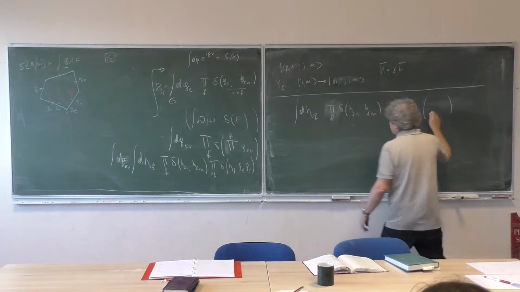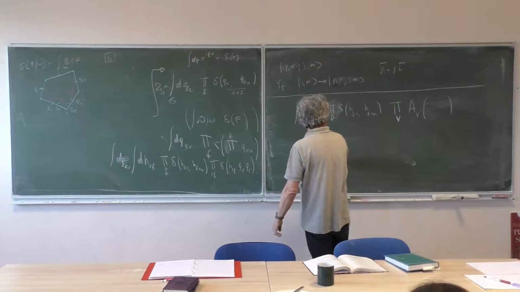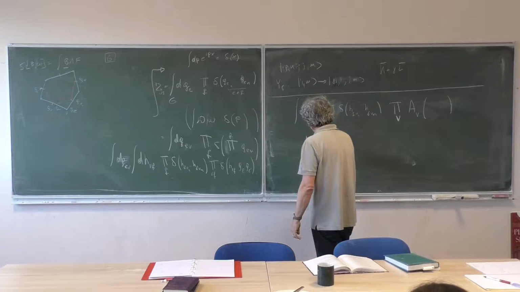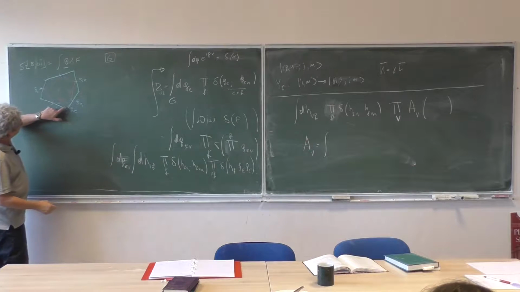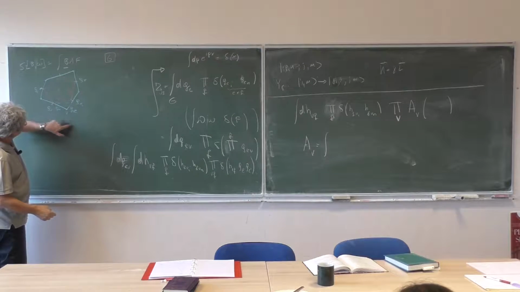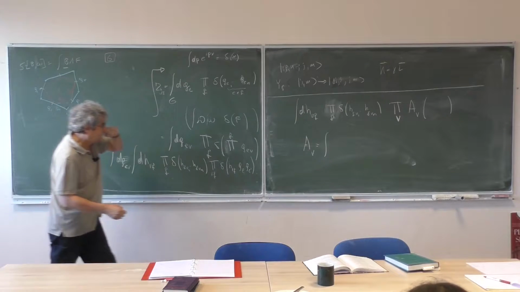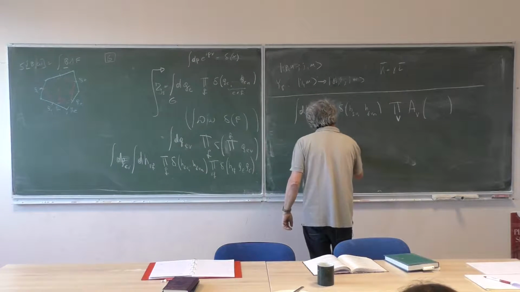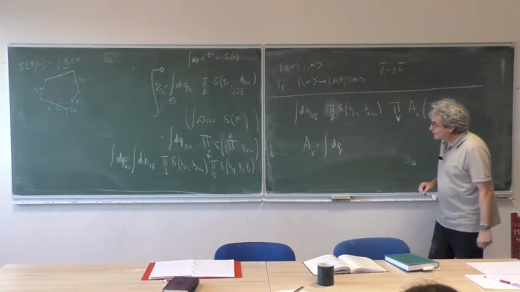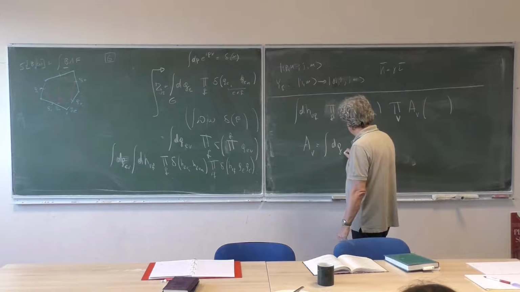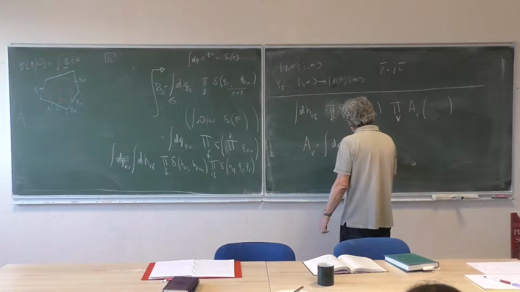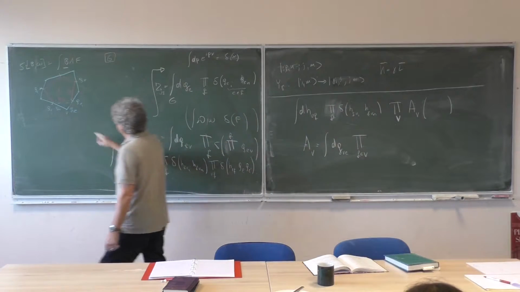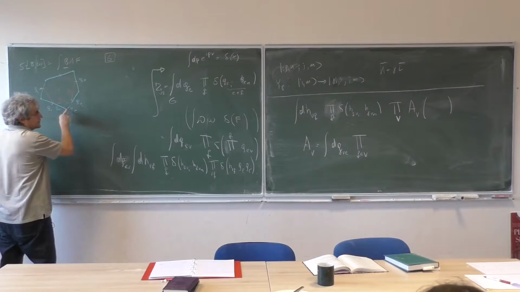So the vertex amplitude A_v is an integral over the g, this g and all the others that come from the other faces. So it's an integral of dg, which depends on a vertex and an edge, of the product on the faces that are adjacent to this vertex. So this vertex here has this phase, but there will be also the others.